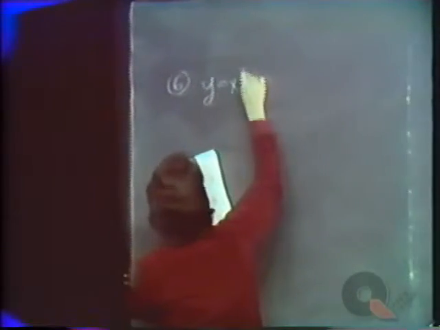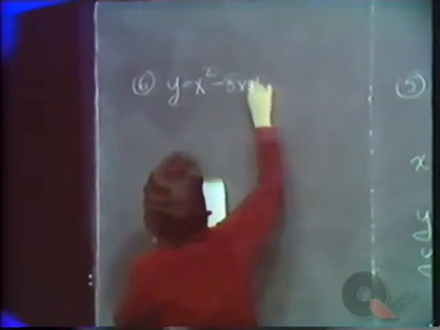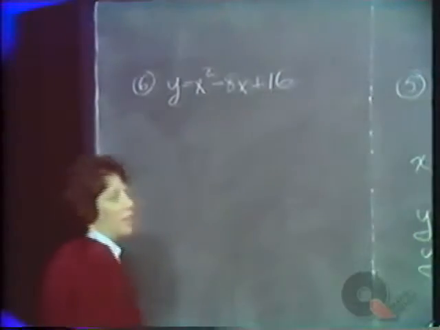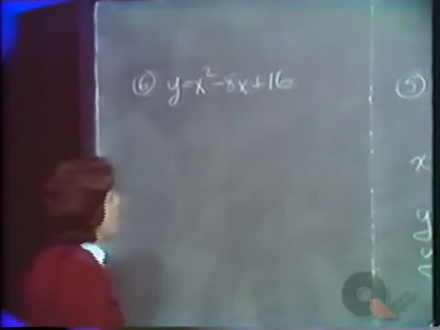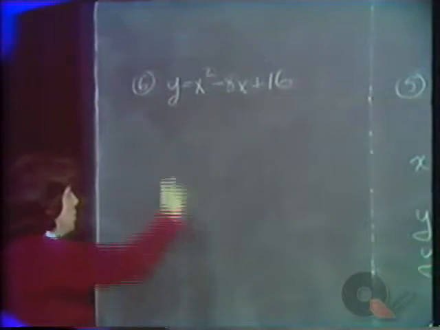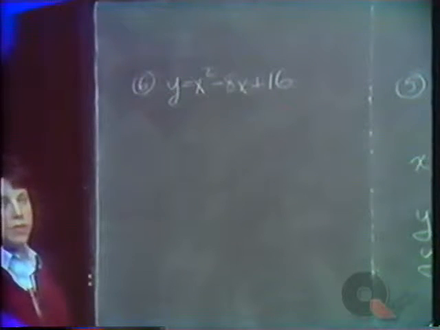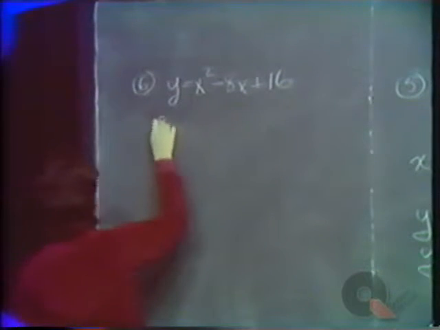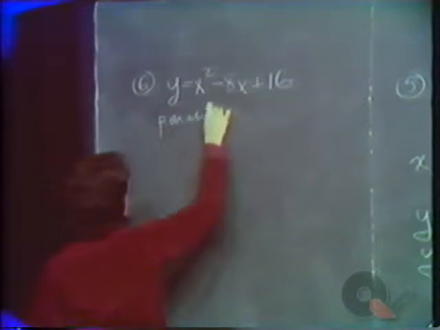In our next example, we have y equals x squared minus 8x plus 16. Once again, we see that x appears to the second power, but y only appears to the first power, and therefore it is a parabola.